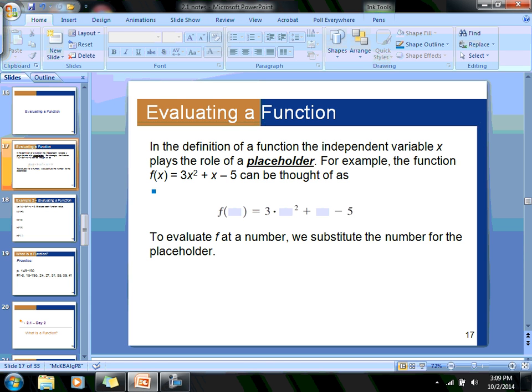If we have this function here, f of x equals 3x squared plus x minus 5, that x is our input value, and it's really like a little placeholder. So this diagram that they have here is a really good visual representation. It's just a spot that you're filling. So if they tell you to find f of 5, then you would put 5 in that spot where the x's are. And then you just do order of operations to evaluate it.